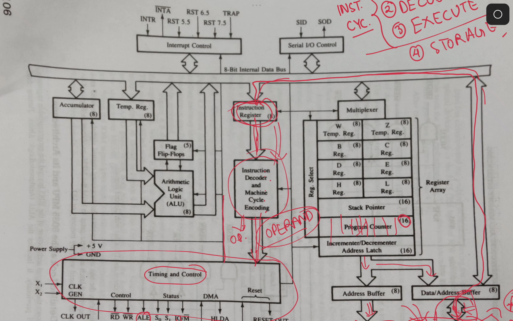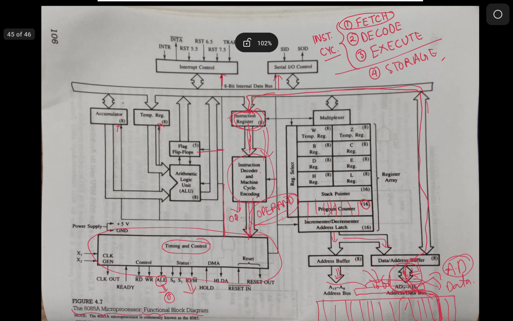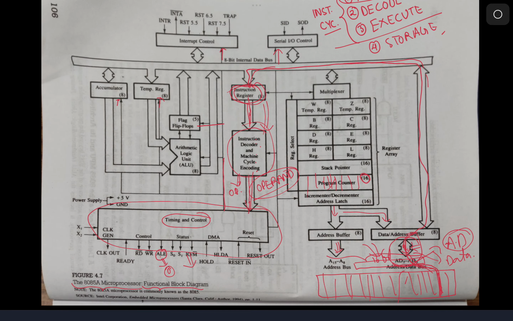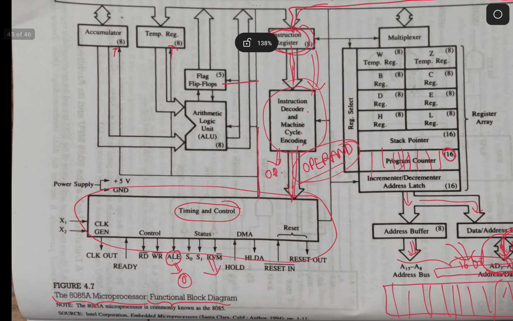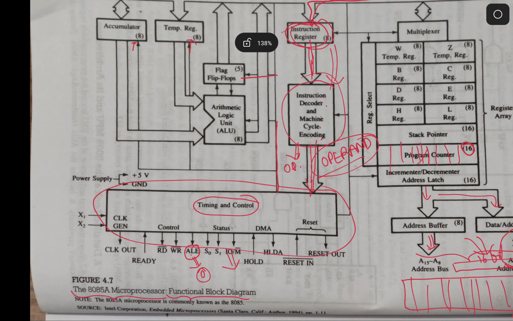For example, it provides signals to ALU, to the flag, to the interrupt control, to the accumulator, to temporary register, to the serial IO control, to everywhere. And this timing and control circuit generates a lot of signals.